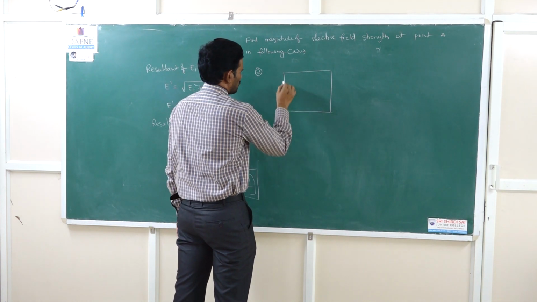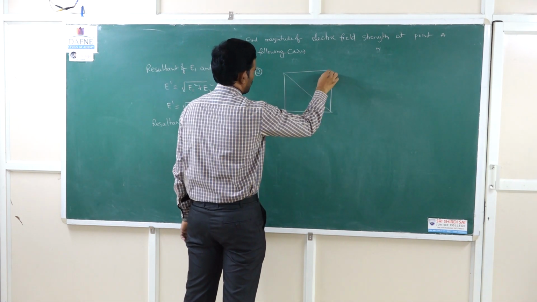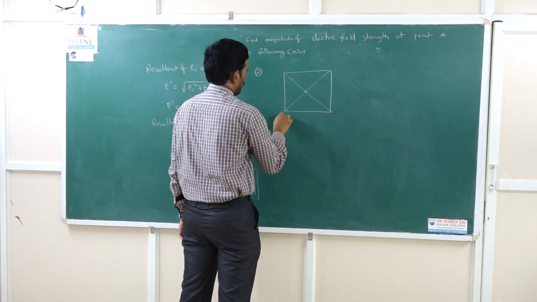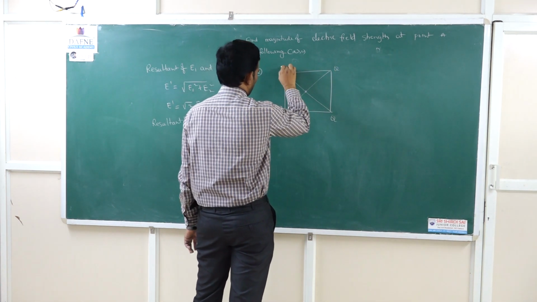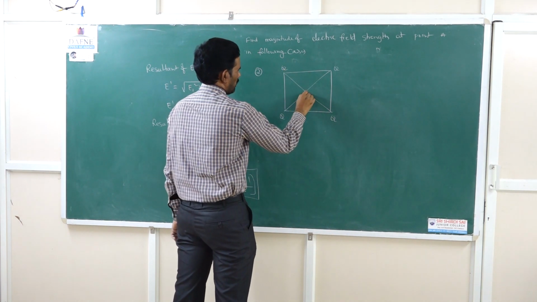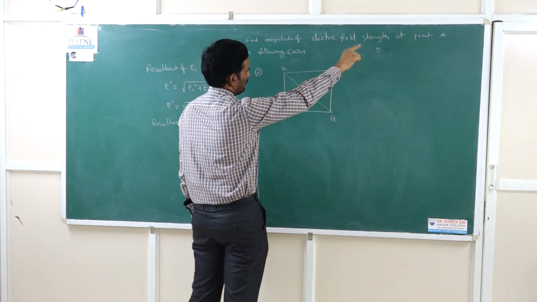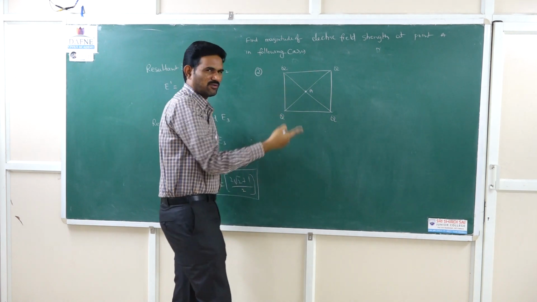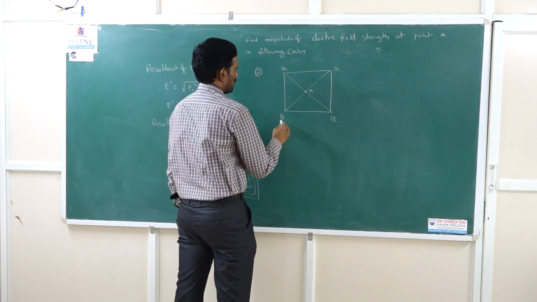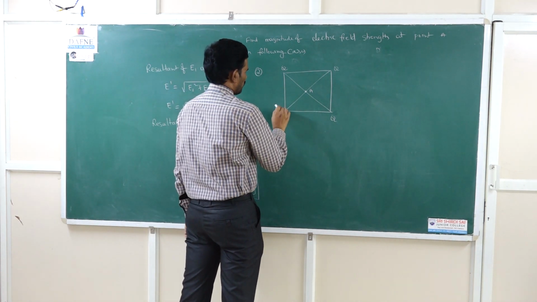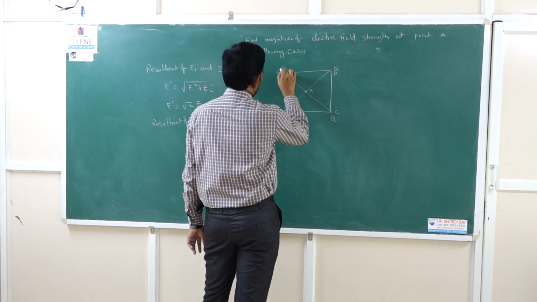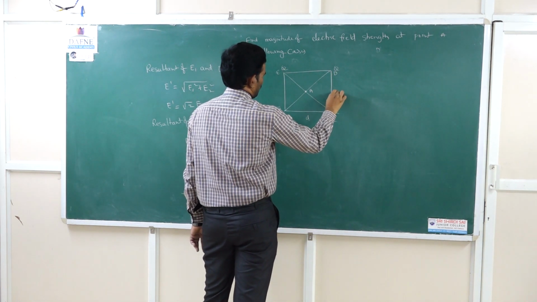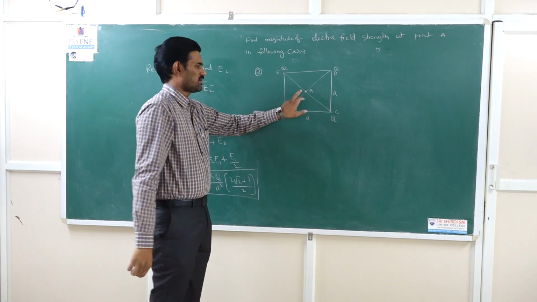Now the charges are taken here at the four corners of the square, like Q, and this is Q, and this is also Q, and this is our point A. So as we mentioned, field strength at point A in every configuration we need to find. In every case we need to find here. So suppose that this is point B, C, D, and this is E. And this is a square of side D here.